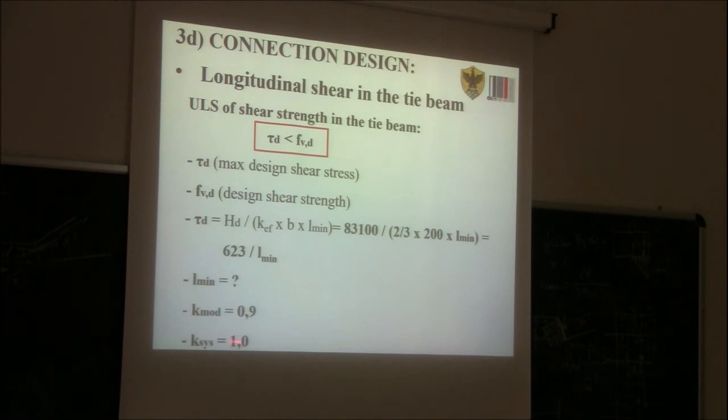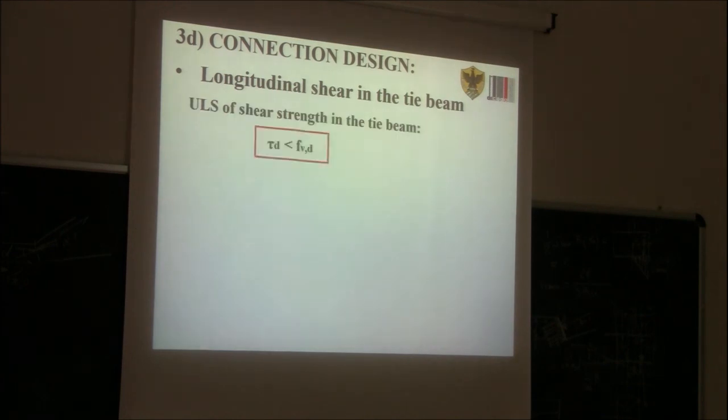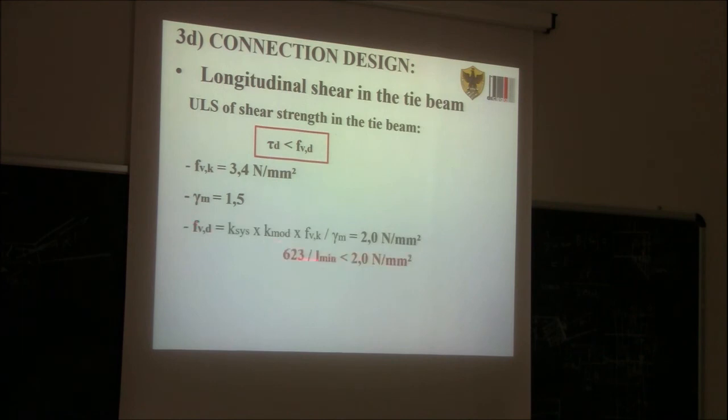We assume k mod 1.9, k6 1.0. Then fvk is 3.4 Newton per square millimeter, gamma M is 1.5. So in the end, fvd is 2 Newton per square millimeter, and this is the design inequality: 623 divided by L min less than 2 Newton per square millimeter. So L min should exceed 623 divided by 2, so 312 millimeter. 312 millimeter is less than 8 TV prime cos alpha divided by 2, which is 966 millimeters.